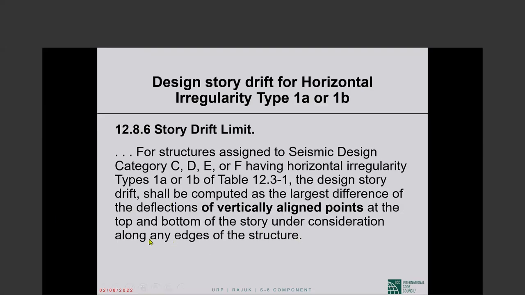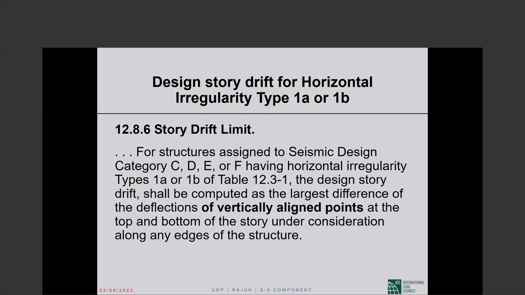Edges, the edges of the building. Okay, because the torsional deflections will be added to the translation caused by the earthquake, and the largest deflections are going to be along the periphery of the structure, along the edges. So we will have to look at the difference of deflections of vertically aligned points along the edges.